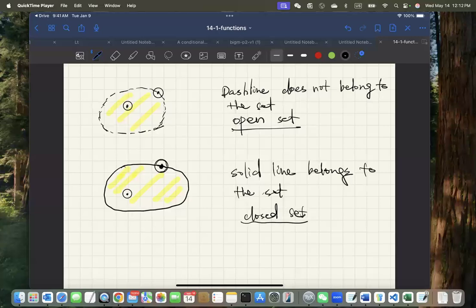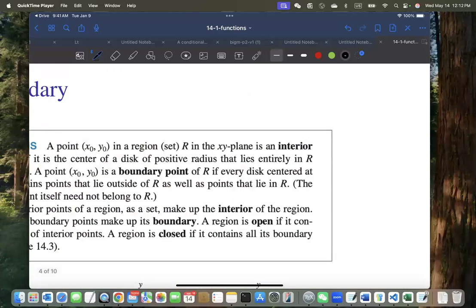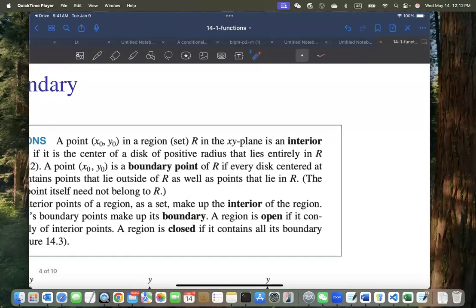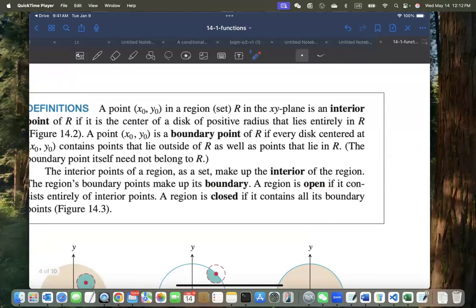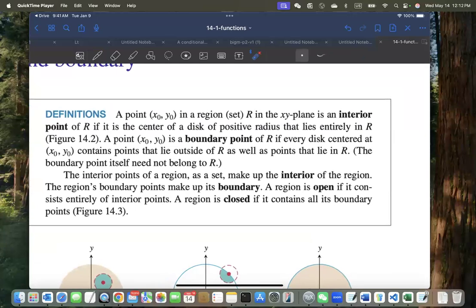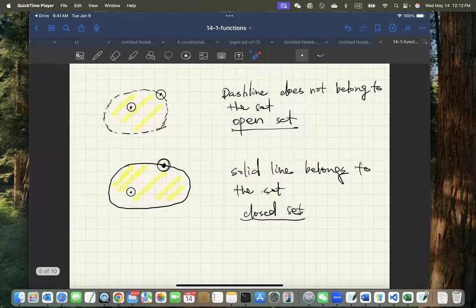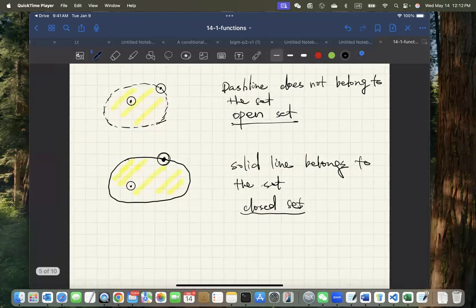So this point is not an interior point, and we call that a boundary point. A region is open if it consists entirely of interior points, and a region is closed if it contains all its boundary points. So here, open set means it does not include the boundary, and closed means it includes the boundary.